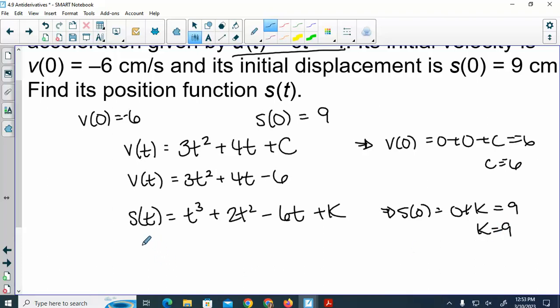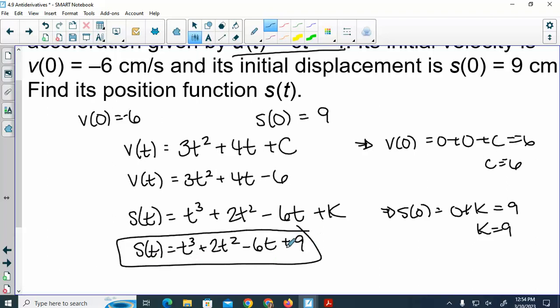So the k value is 9. Alright, are we okay with this?